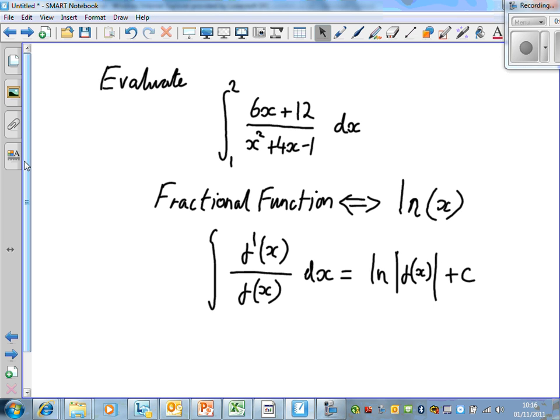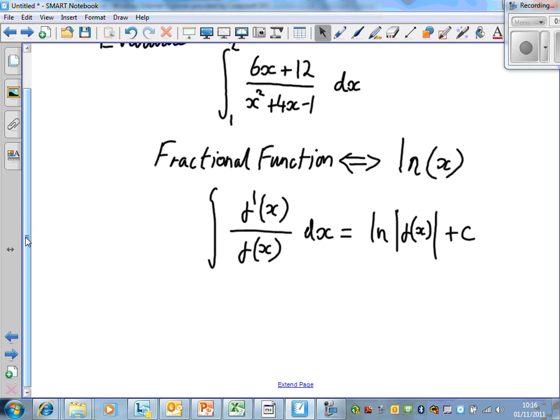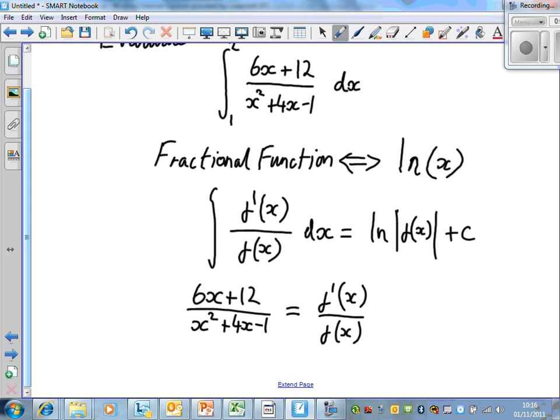So, we can see from here, if we differentiate x squared plus 4x minus 1, we get, well, that's a little bit different. If we write 6x plus 12 over x squared plus 4x minus 1 as f dash of x over f of x, you're going to see it's not going to work because our function is f of x.